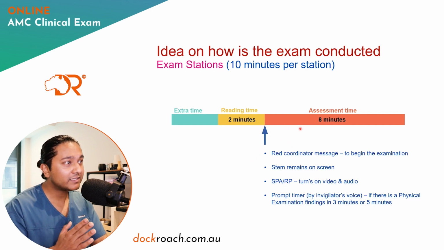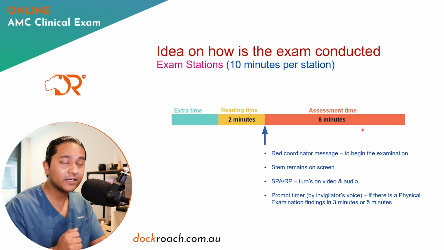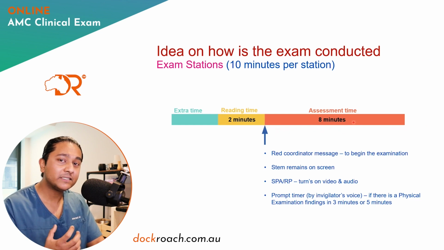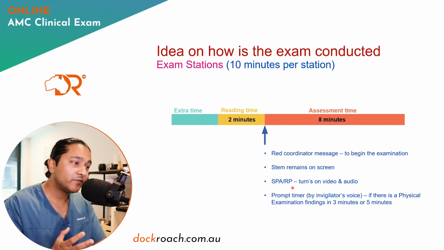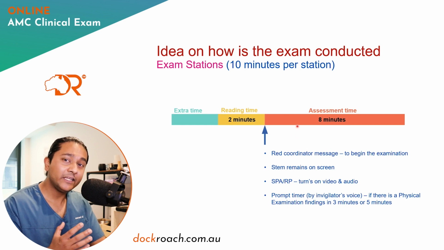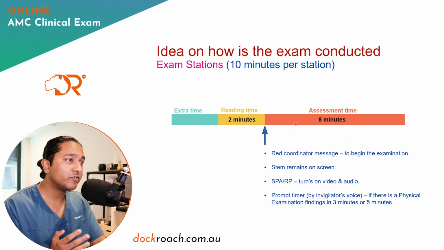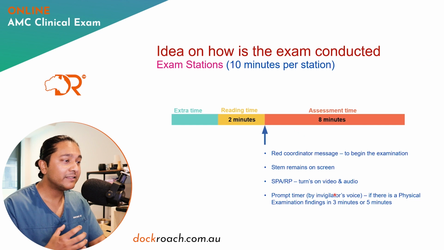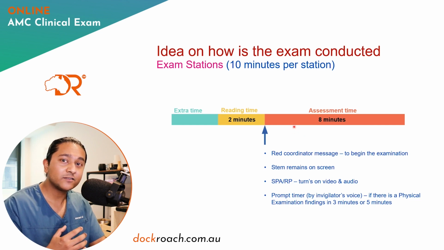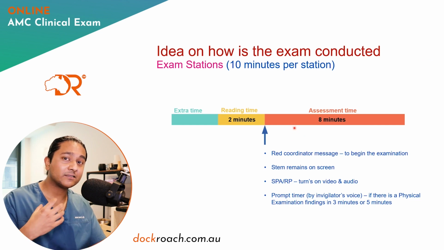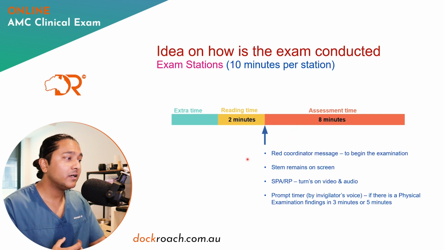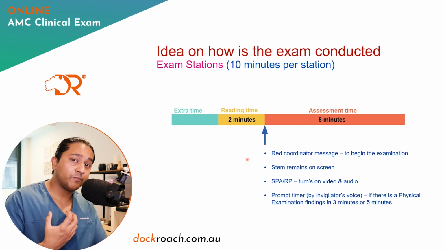And during the assessment time, as you proceed from minute 0 to minute 1, 2, 3 until the whole 8 minutes, remember the prompt timer that we have talked about? If there are any prompt timers, for example a 3 minutes prompt timer, then the invigilator at 3 minutes of your assessment time will start talking. They will say, this is your 3 minutes prompt timer.